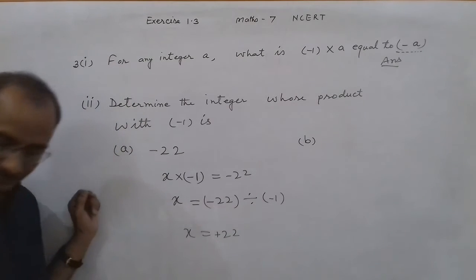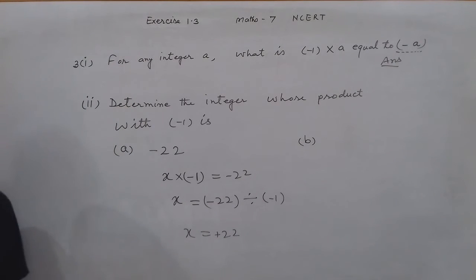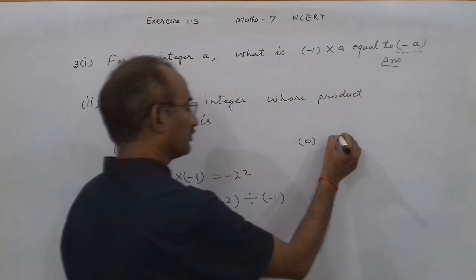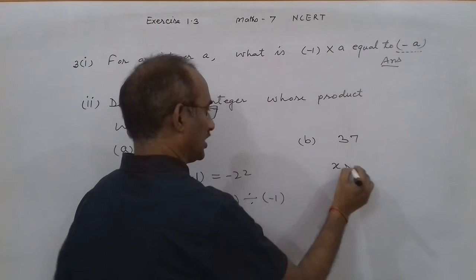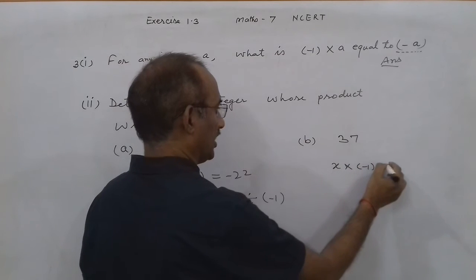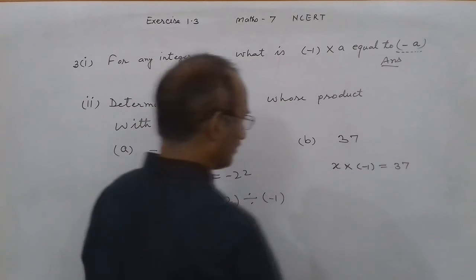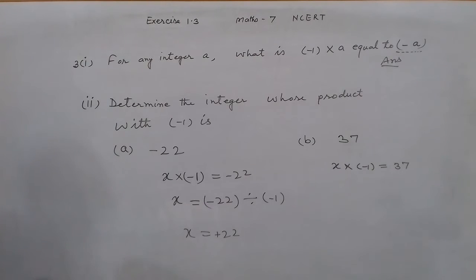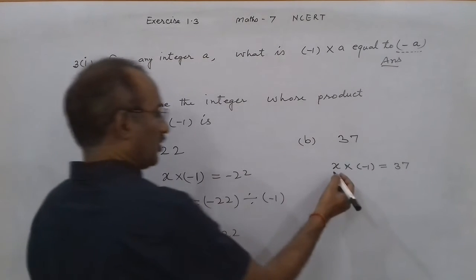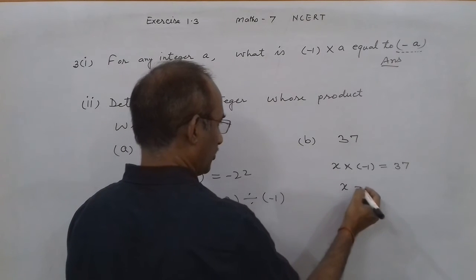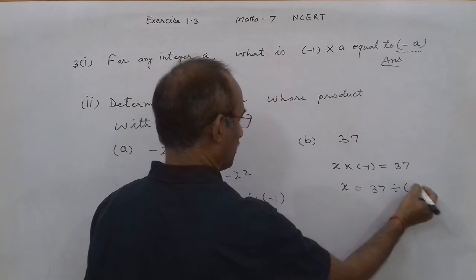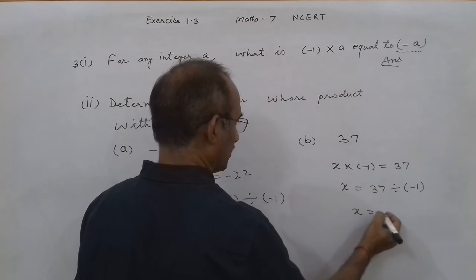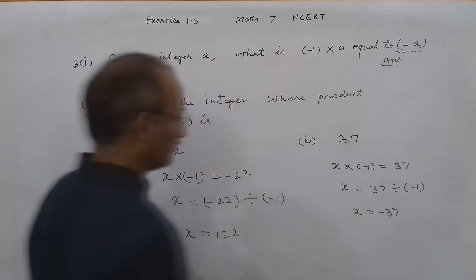For B part, here we have 37. Suppose x is multiplied with -1 and then we get 37. So what will be the value of x? x equal 37 divided by -1, so we get -37.